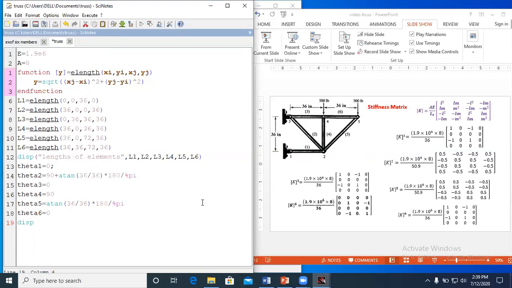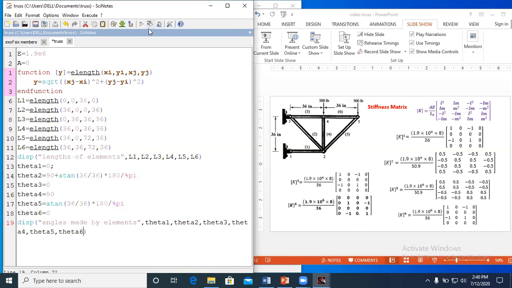Display angles made by elements: theta 1, theta 2, theta 3, theta 4, theta 5 and theta 6.